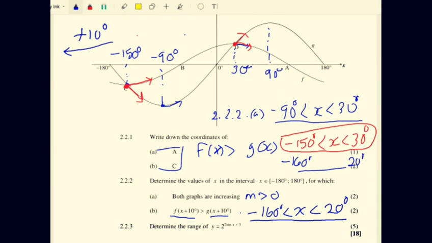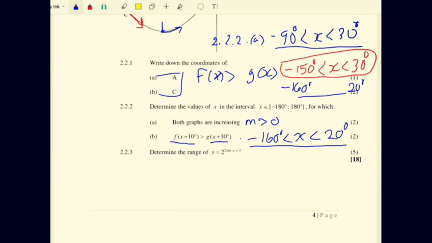Question 2.2.3 says determine the range of y equals 2 to the power of 2 sine x plus 3. To determine the range, we can see that the 2 sine x plus 3 is what's going to affect this function. To understand the range of 2 sine x plus 3, let's think of a normal sine graph, sine x.